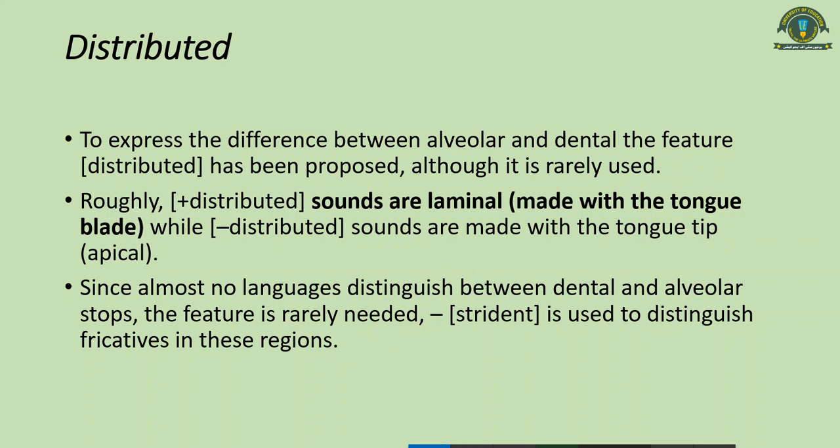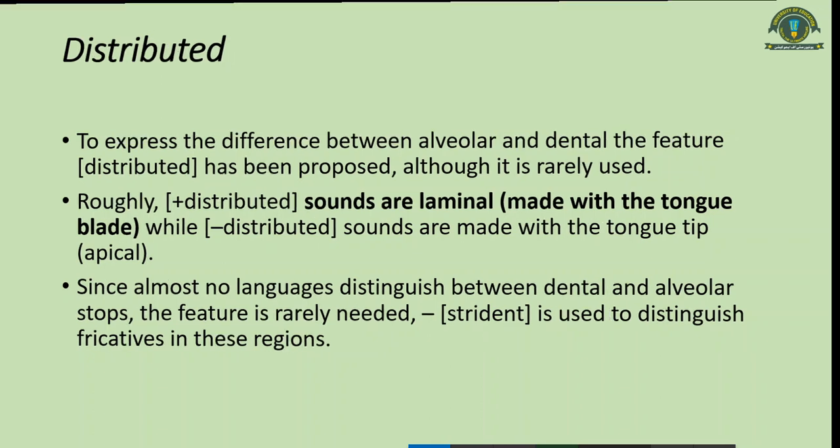So this feature is rarely needed. Generally, the strident feature is used to distinguish fricatives in these regions. So though we are looking at this feature distributed, which expresses the difference between alveolar and dental, it is not present in either Urdu or English and in some more languages as well.